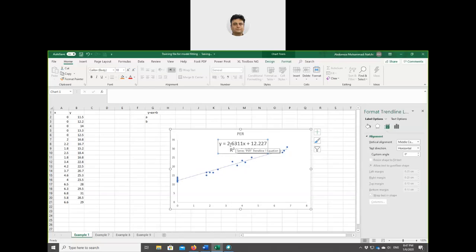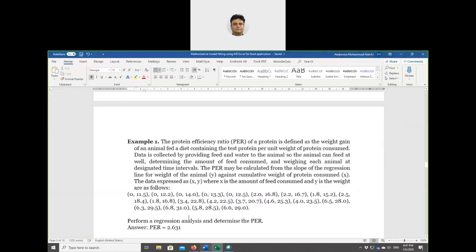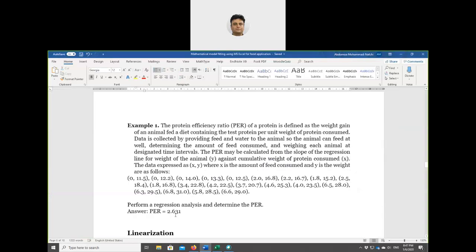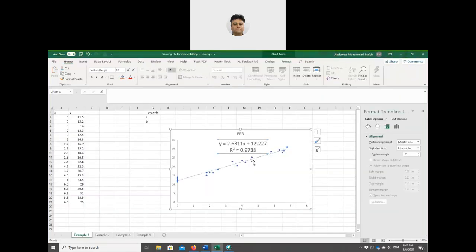This is the slope of the graph, and the PER is equal to 2.63. If you go back to this one, you know the answer, 2.631. You can see we brought the data in and easily found the PER, the slope of the graph, as the protein efficiency ratio.